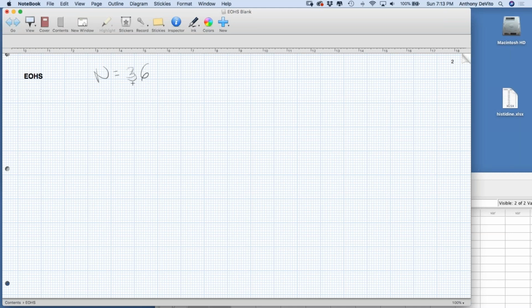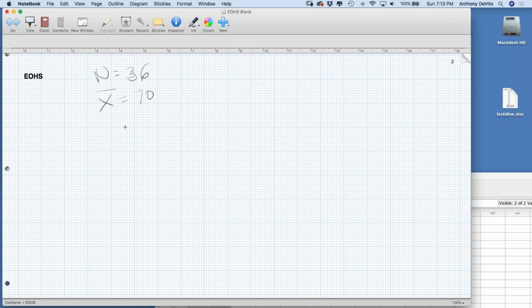Let's say that the mean for this sample, for a numerical variable that we're looking at, could be, let's say, a blood sugar level, turned out to be 70, the average that we found in this sample of 36 people from a population.